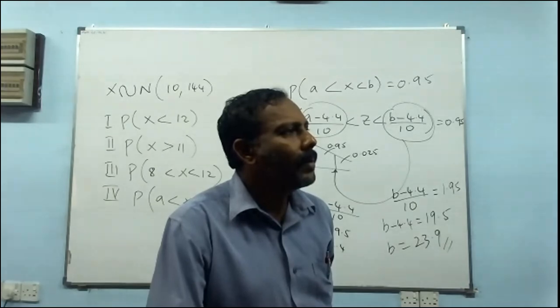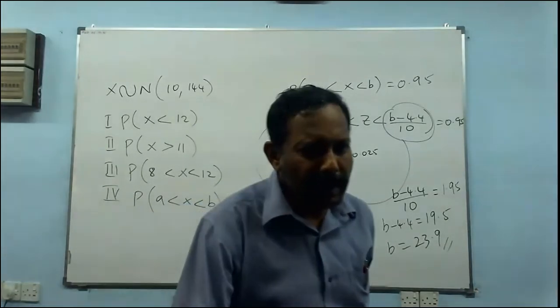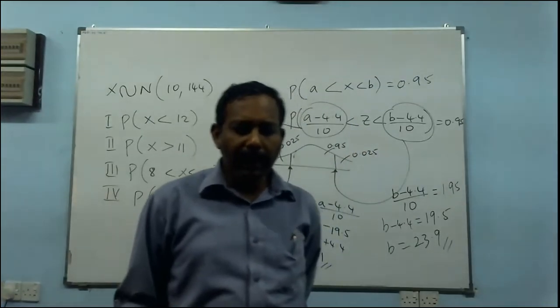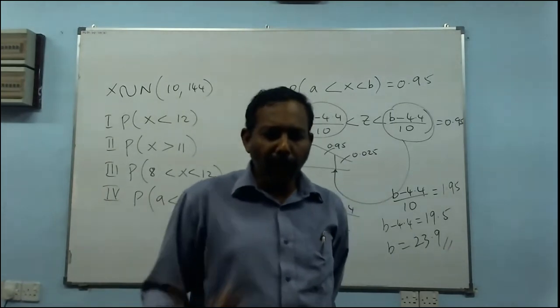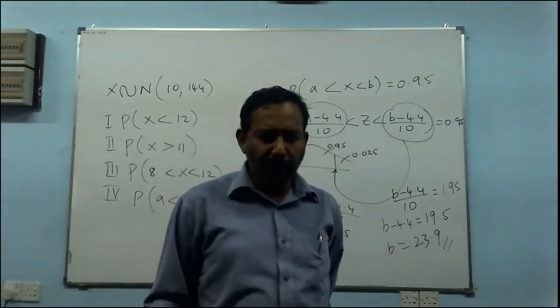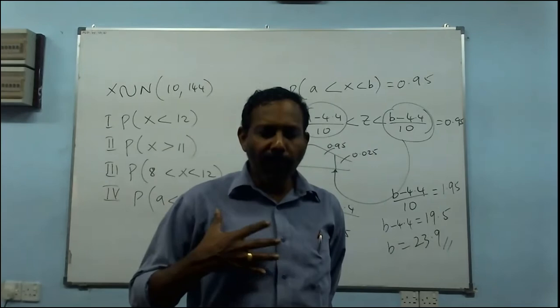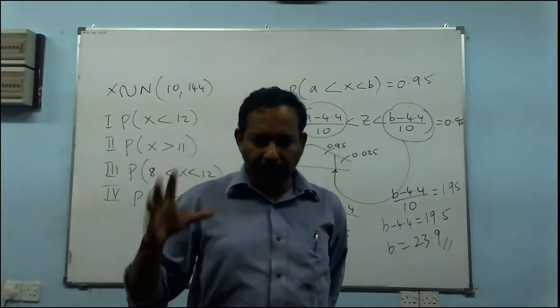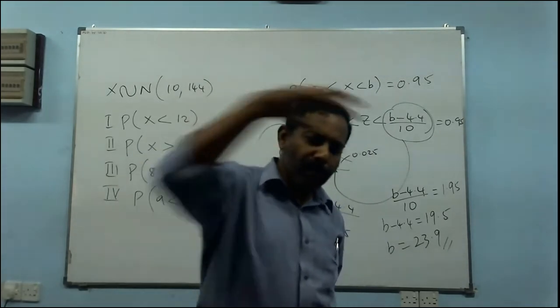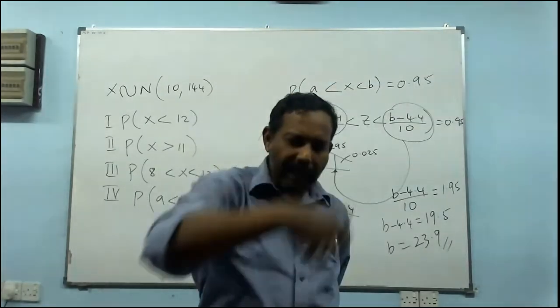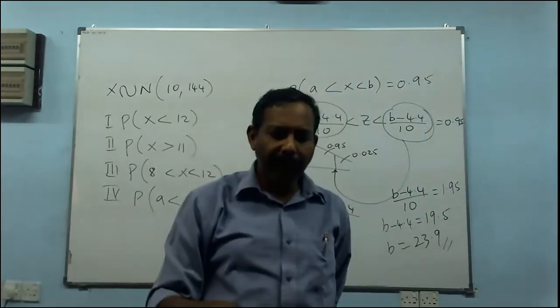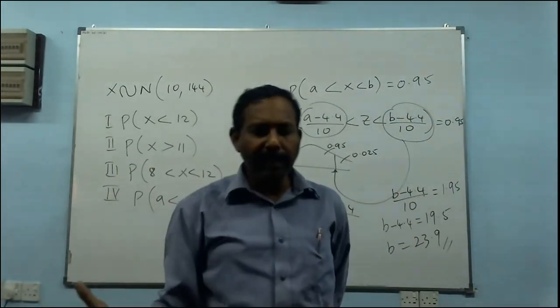That is not necessary, because all our natural distributions are normal distributions. We want to convert the natural normal distribution to the standard normal distribution to get the reading from the table. So there is no point in reversing the process.